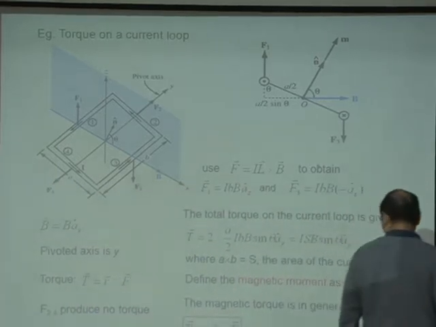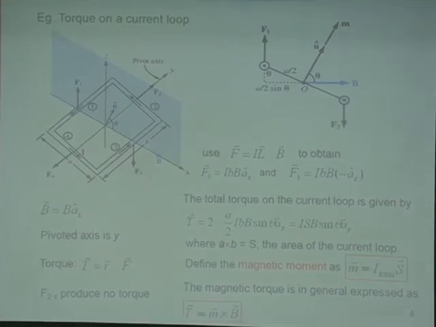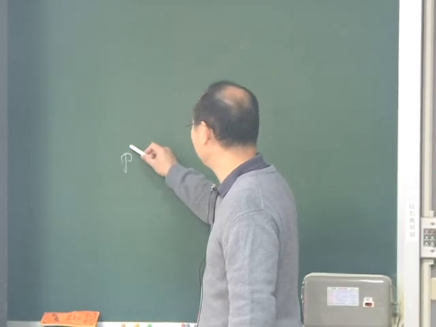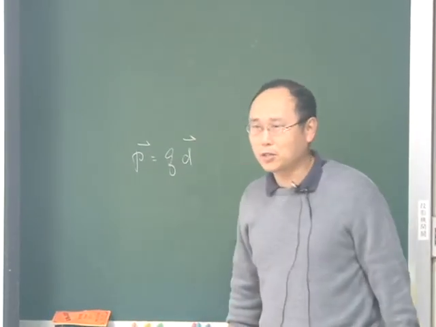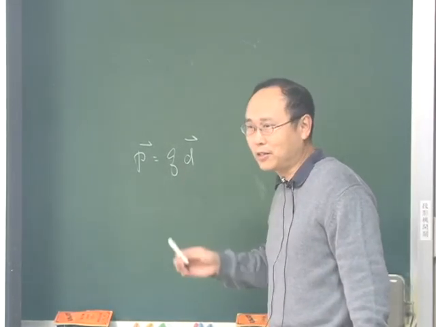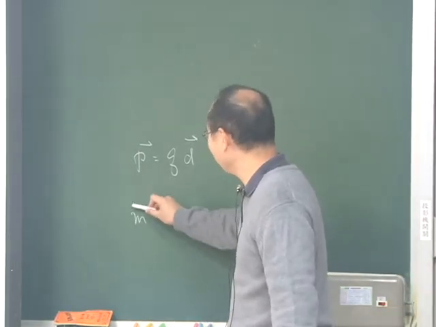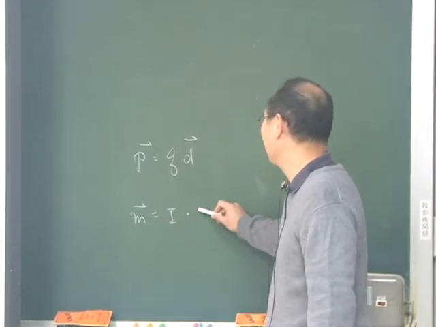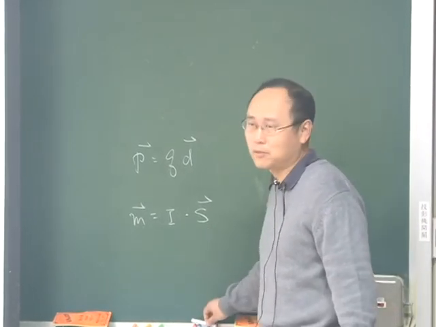Very similar to the electric dipole, this M is called magnetic moment. For an electric dipole, you have Q multiplied with a vector corresponding to the separation of the two charges. And for this M, this is current multiplied with a surface. Okay, and this is a magnetic moment.